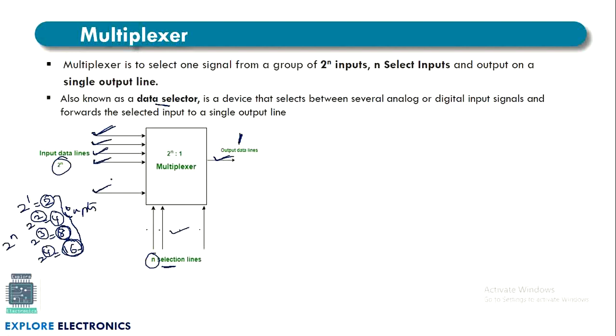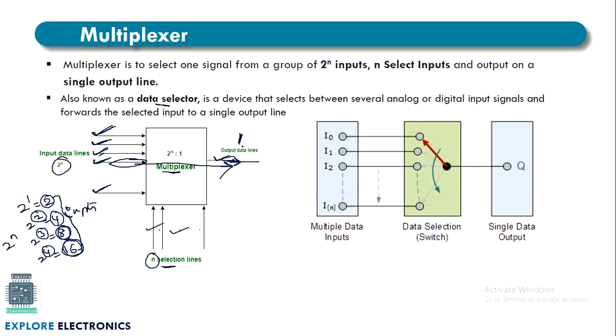They are multiplexed and pass through a single cable. The cable coming to the television is a single line consisting of multiple channels. Once we choose a particular channel with a code given through the remote, it will be selected as output. This is the practical example of a multiplexer.